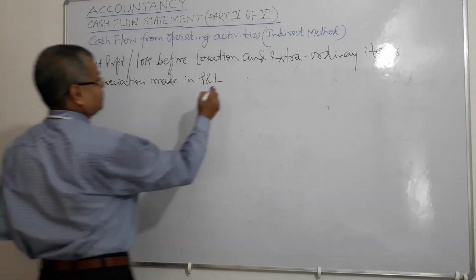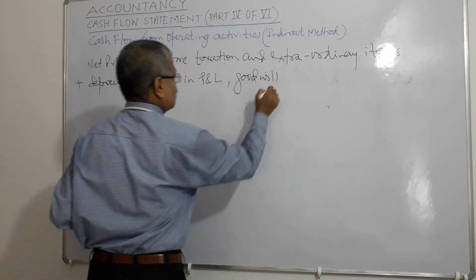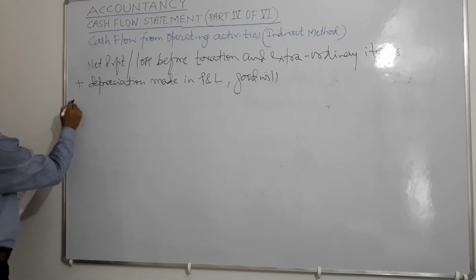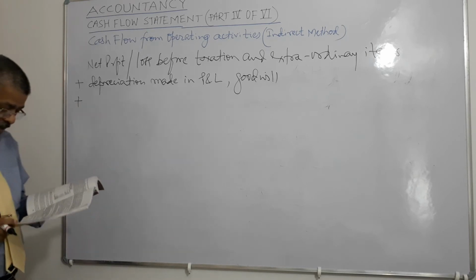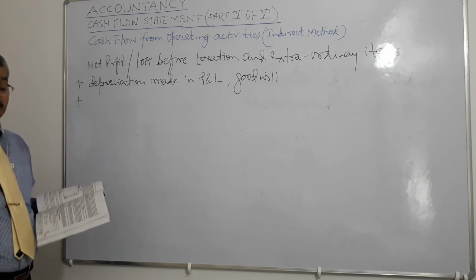And depreciation plus goodwill, non-cash items, right? Then we add, what do we add? Deduction already made in P&L on account of non-operating items.